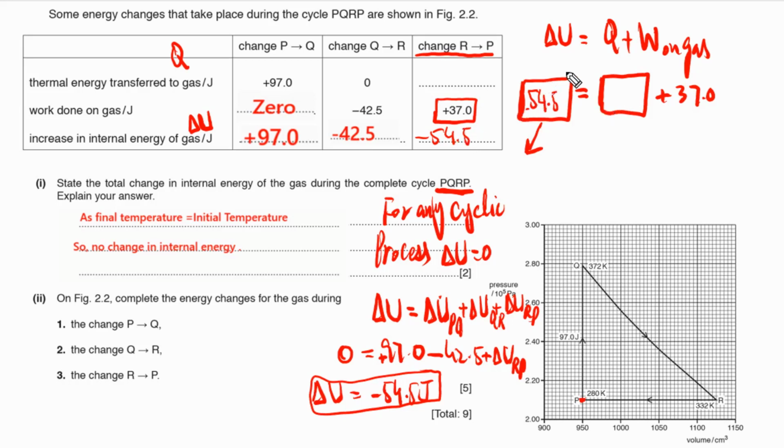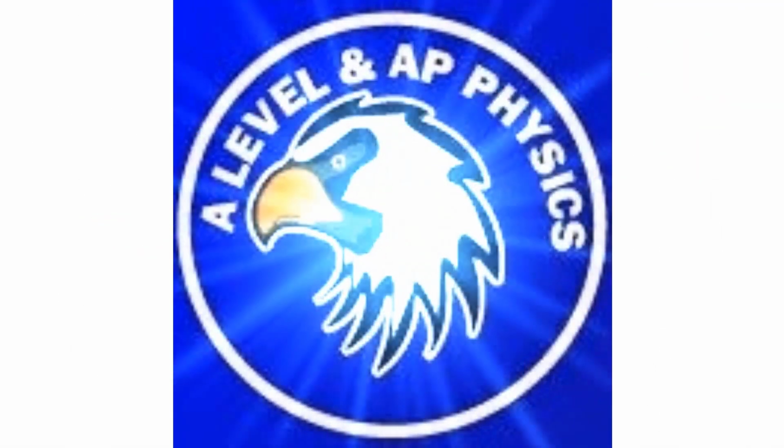Now you can see here we have delta U, we have value of W, so simply we need to find out what is value of Q. If we solve this one for Q, our answer will be negative 91.5 joules. So this much energy is transferred.